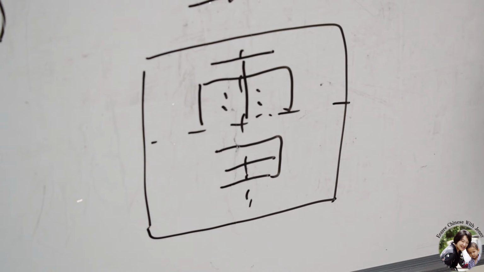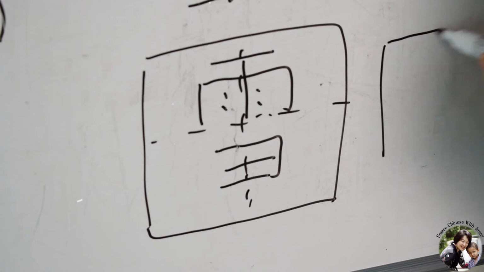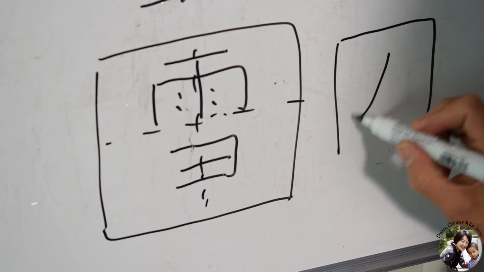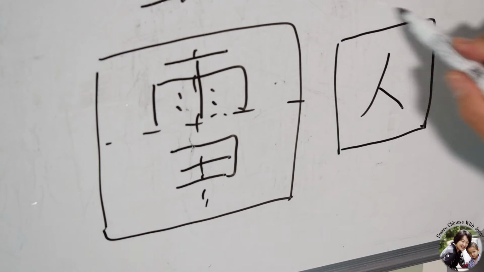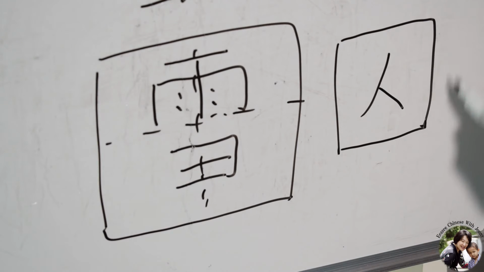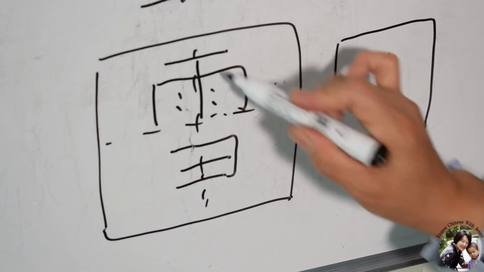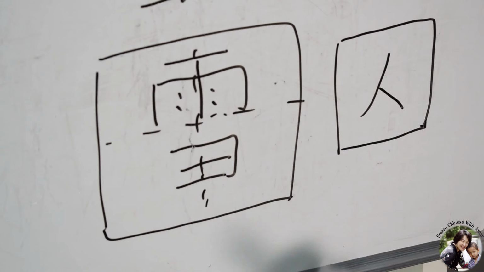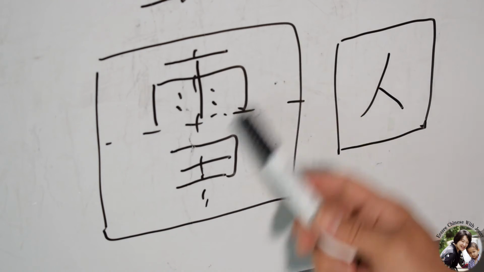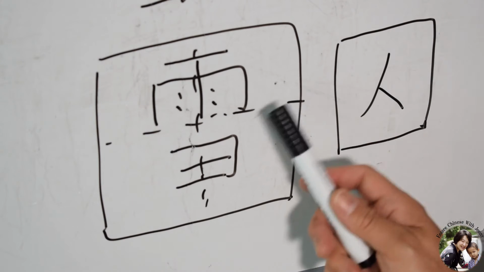Remember, we have learned this, right? A square shape, and inside a person means a prisoner. So this is another way to form a character: outside layer, inside, up, down, left or right form a new character. This is basically how Chinese characters are formed.